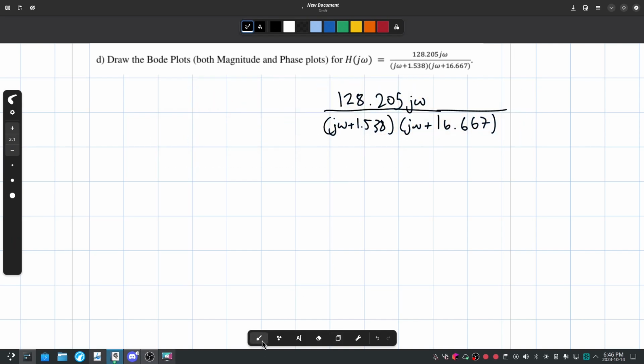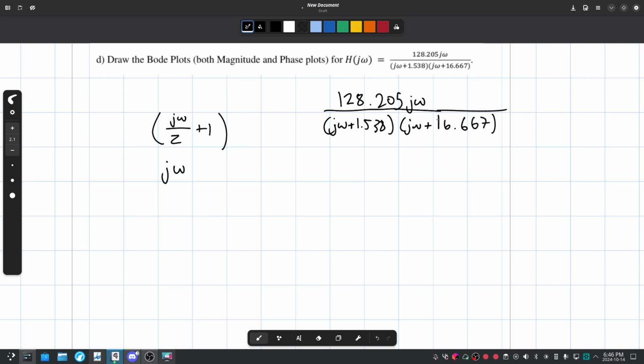So what we like in Bode plots is we like terms to be in the form jω over some number z, plus 1. All of your terms should be in either this form or just jω.